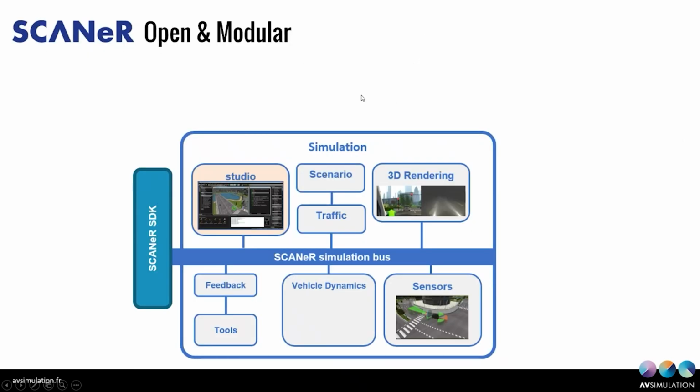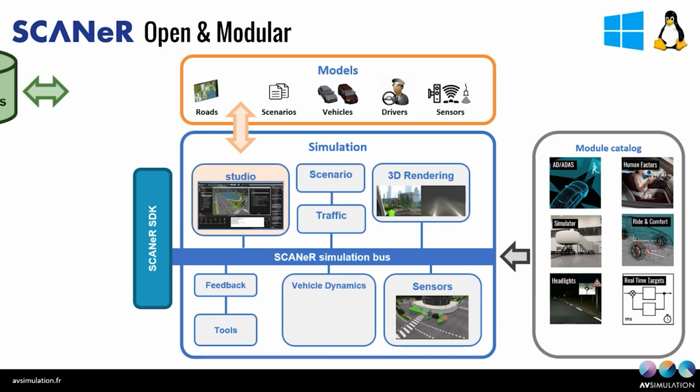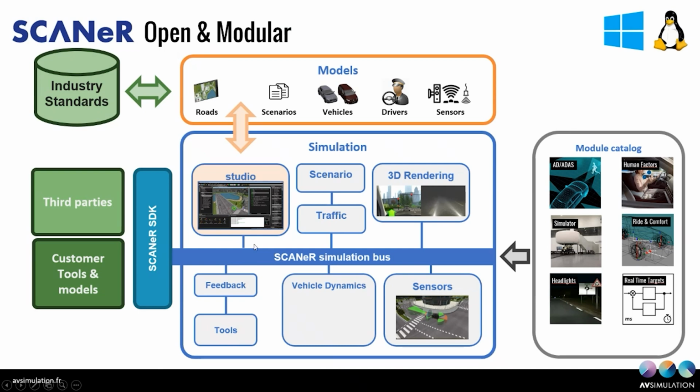So just to remind you about how SCANeR Studio works. First of all, we have the simulation bus that is here, that is represented with SCANeR Studio in its whole. And in SCANeR Studio, you will add scenarios that will embed traffic. So this traffic is controlled by a specific module, that is our traffic module.